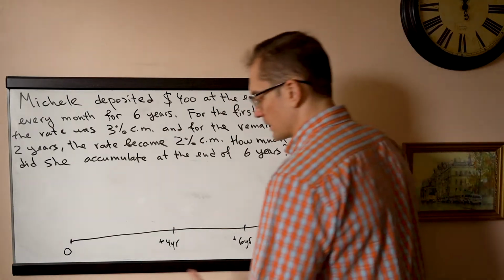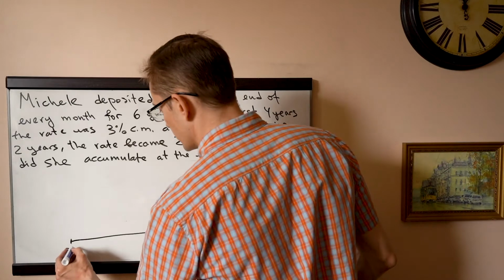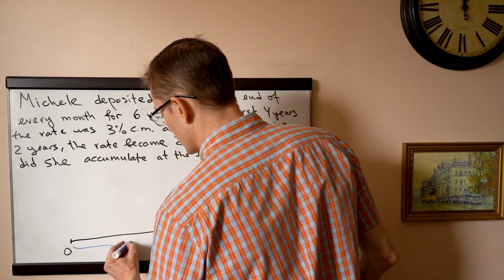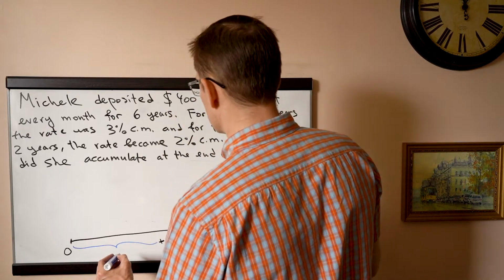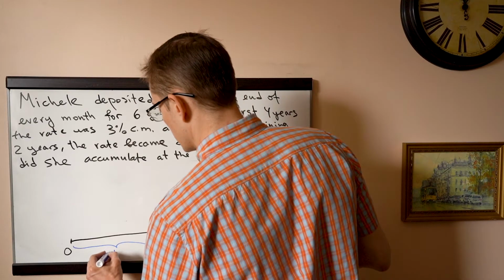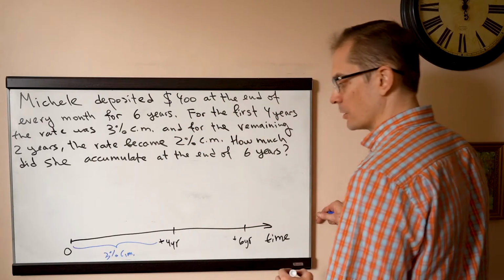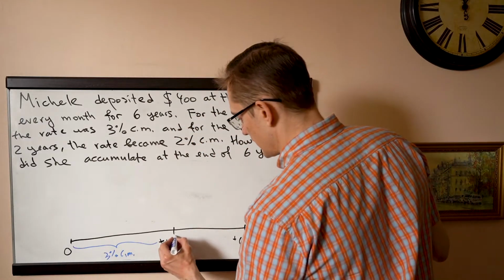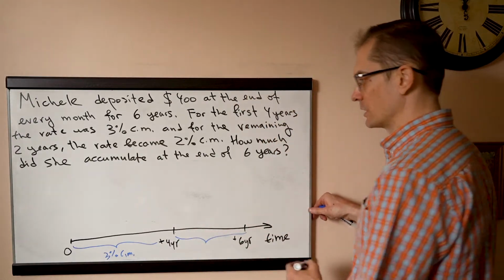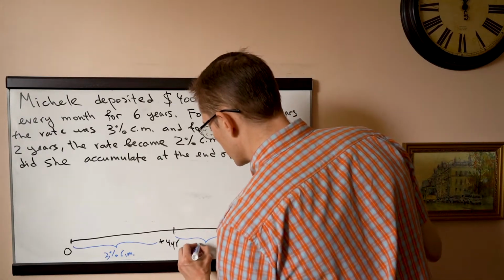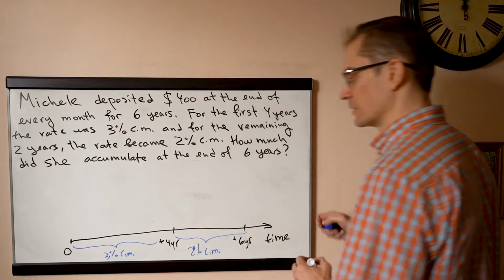So which means that for the first 4 years, we are having an annuity in which the rate is 3% compounded monthly. But actually, for the second part of this transaction, the rate becomes 2% compounded monthly.